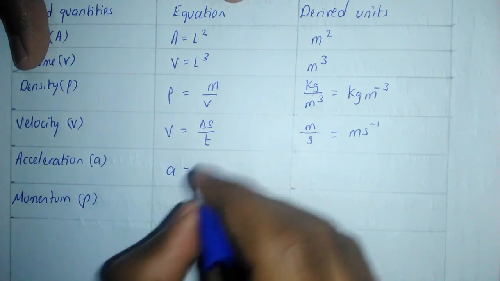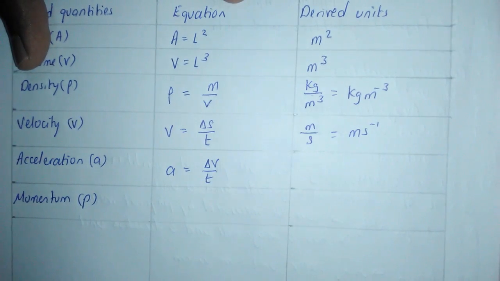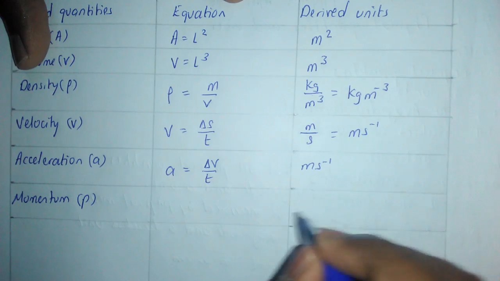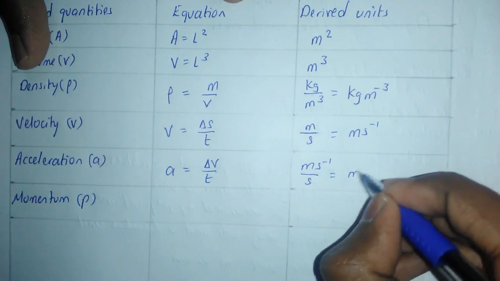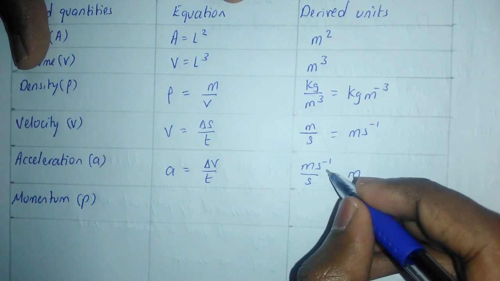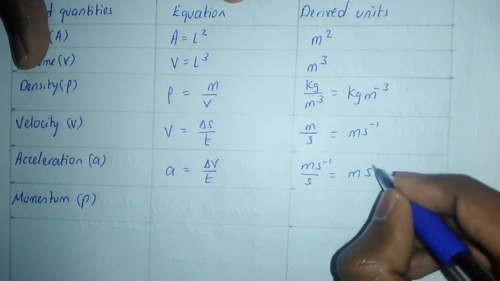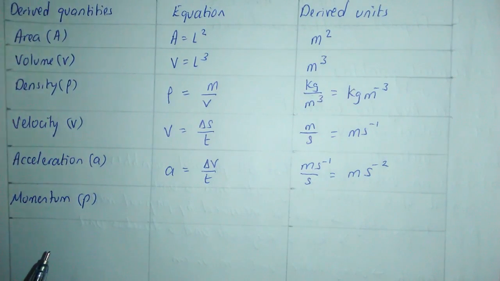Acceleration is change in velocity divided by time. Already we know that velocity is meter per second, and we divide this by time, and now we have m, and we put this s on the numerator side, it becomes s^-1. So minus 1 minus 1, this becomes s^-2. So the unit of acceleration is meter per second squared.